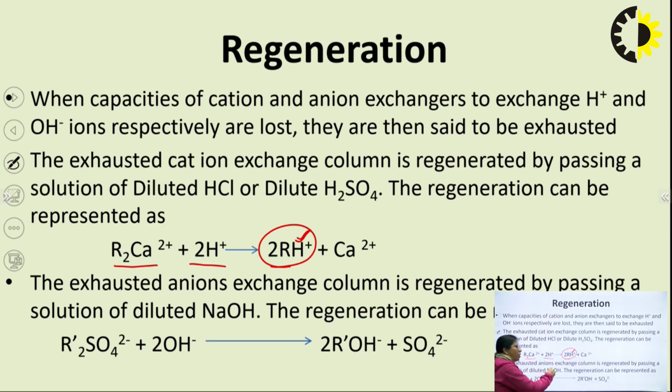Similarly, the exhausted anion exchange column is regenerated by passing dilute NaOH through it. And when we pass dilute NaOH, the sulfate ions are going to move out, and OH- is going to get incorporated back into the column. So again, we can now use this cation exchanger or the anion exchanger for exchanging the hardness-causing ions present in water.